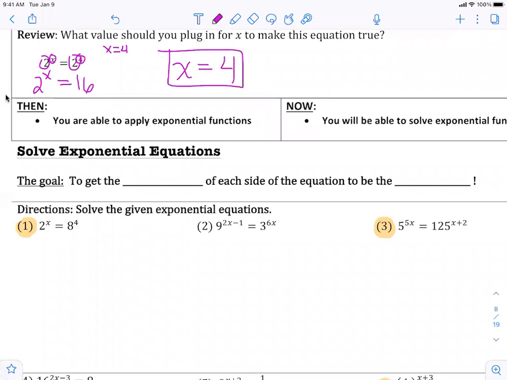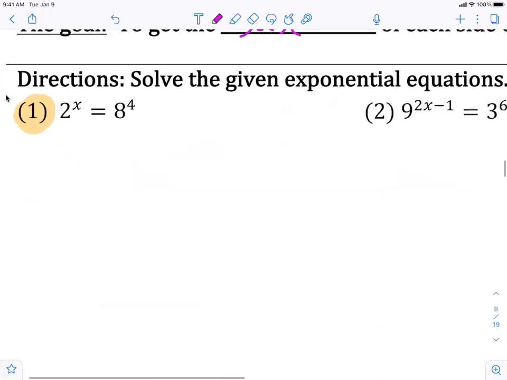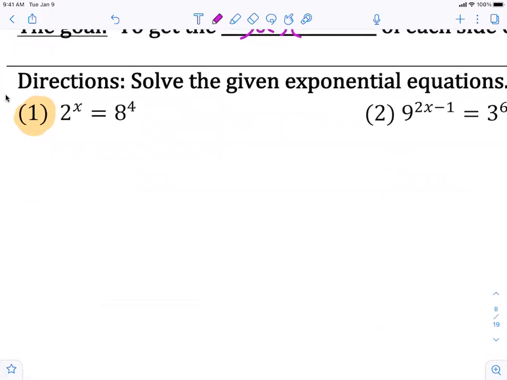Our goal when it comes to solving exponential equations is that they all have the same process. We want to get the base of each side of the equation, the number being raised to the power, to be the same. Because then we can set the exponents equal to each other. Like if you look down at example number 1, sometimes it's not as easy to tell right off the bat, because my bases right now, 2 and 8, are not the same base.